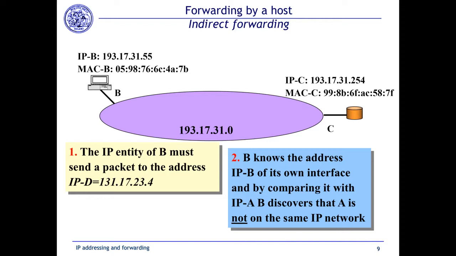So what happens in this case? The packet must be sent to the interface of the router that is connected to this network. So it must go to the interface with the IP address 193.17.31.254. This is not the destination IP address, it's only the IP address of the interface of the first router.